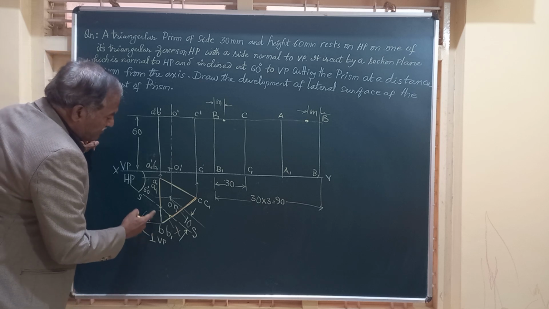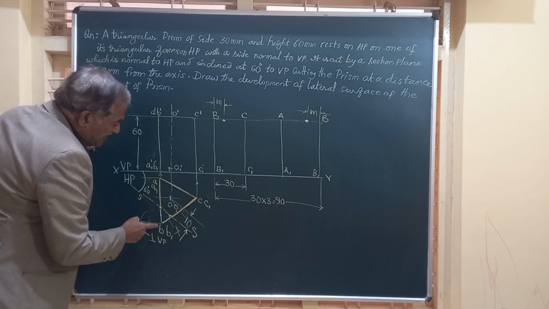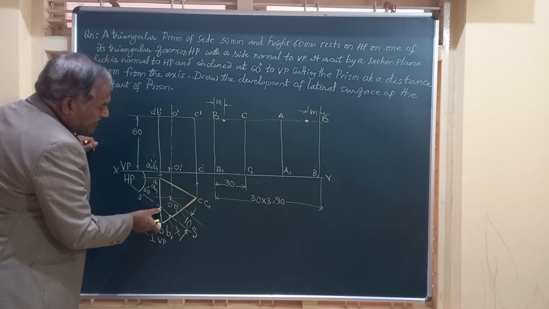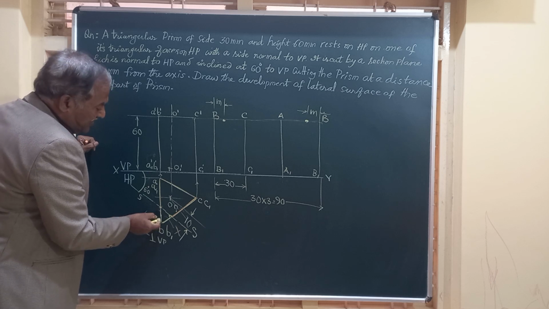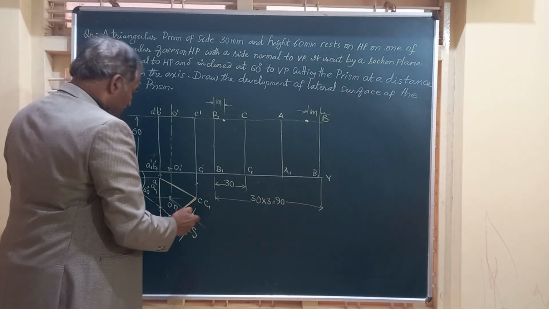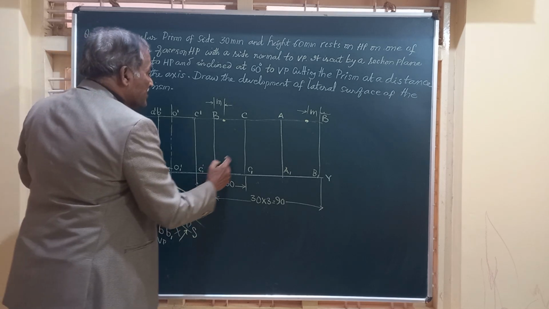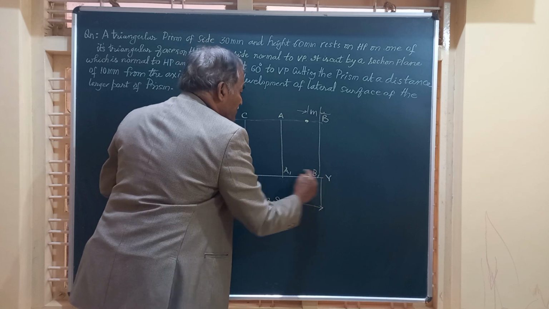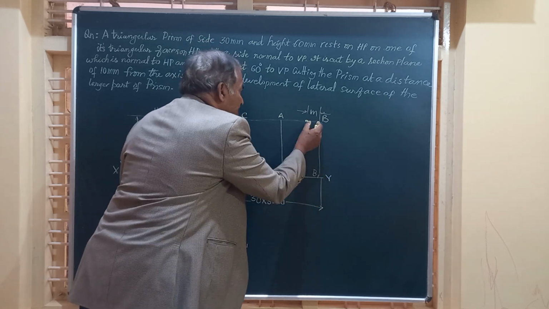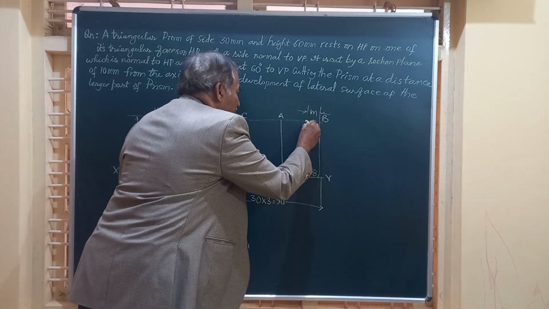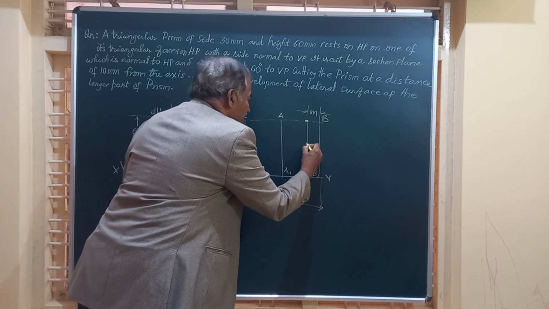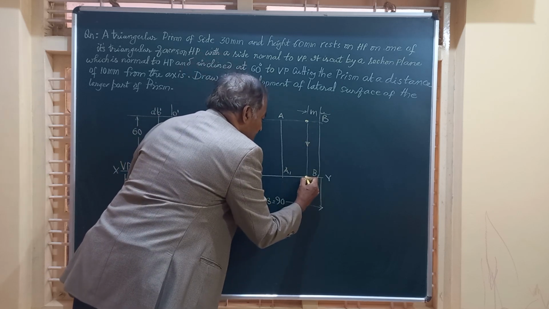So similarly for the bottom face, it is cutting A1, B1 at the same distance. This gap is same as M. So it is on A1, B1 nearer to B, that is same distance. Or you can simply write a vertical line from there and get this point.